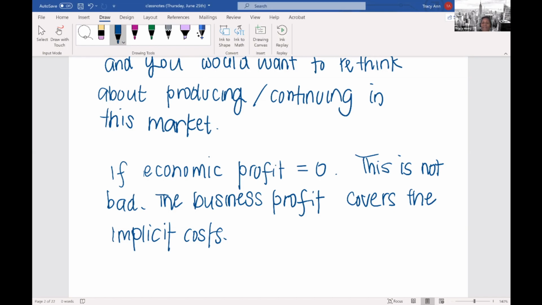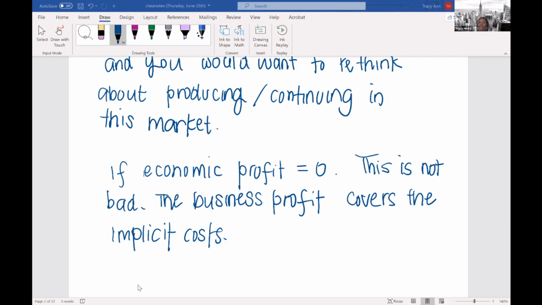Does this mean that you can't make money doing another thing? What it means is that it's not that you can't make money doing something else. It's just that right now the business you're in is operating sufficiently. You're sufficiently covering your implicit costs. Yes, for sure, there could be other opportunities. So I decided to have my food truck, and my economic profit is equal to zero.